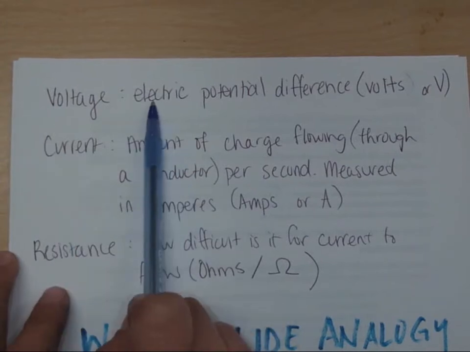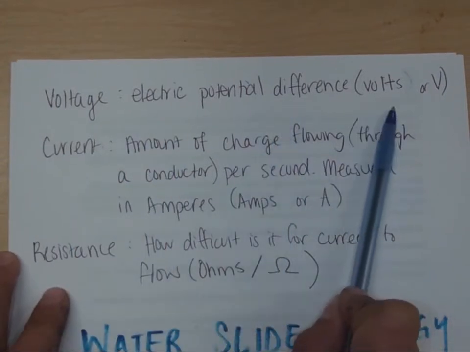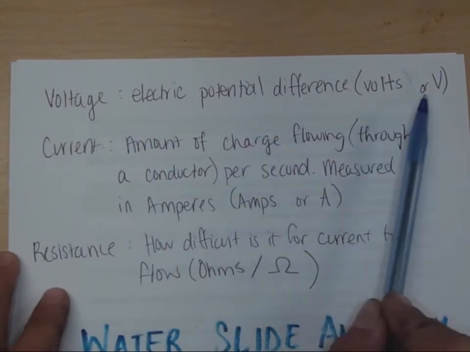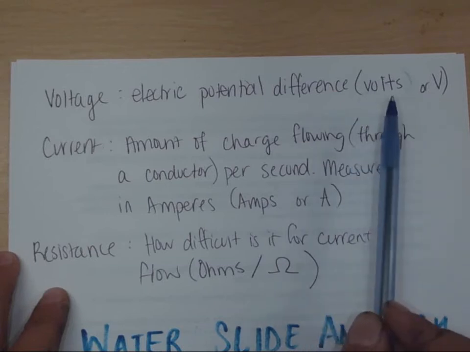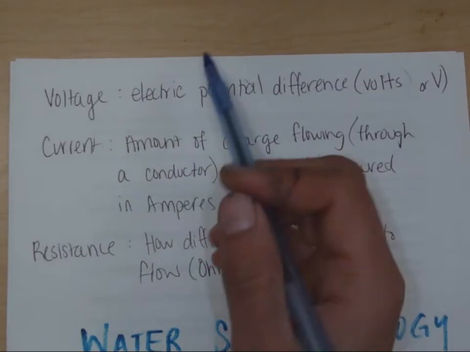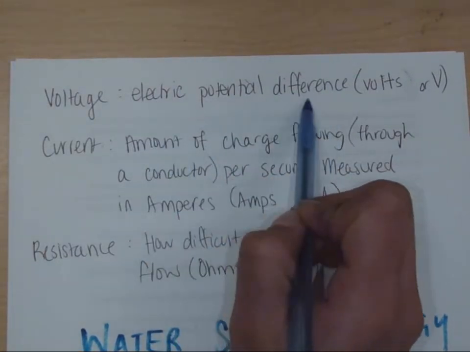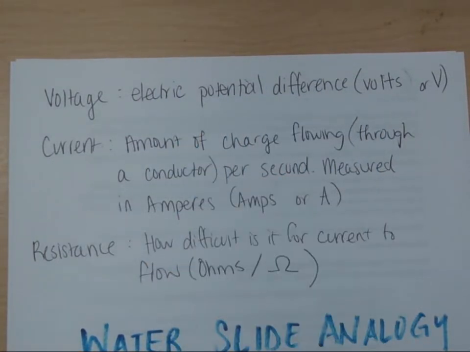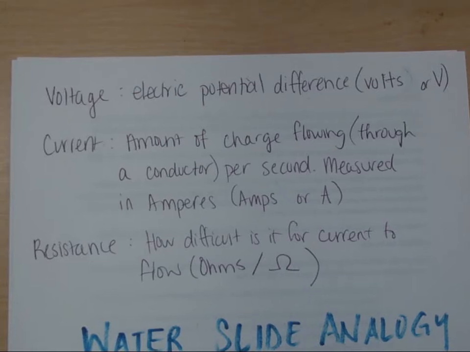So voltage is the electric potential difference that's often created by a battery or an electric cell or some sort of power source. So we are looking at an electric potential difference. The last time you guys looked at differences of potential energy, you may have remembered that we were looking at gravitational potential energy in the energy unit.